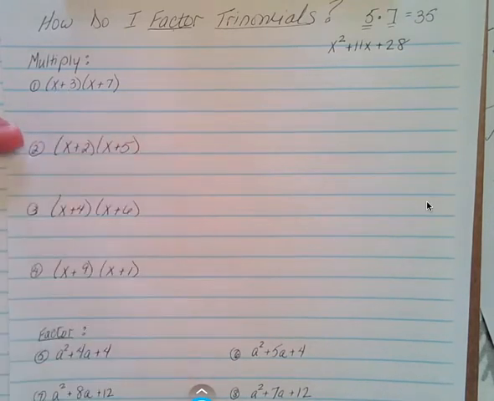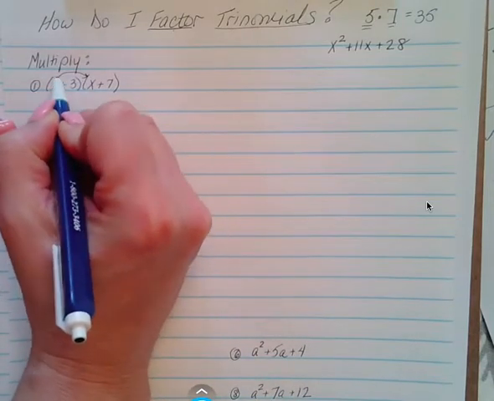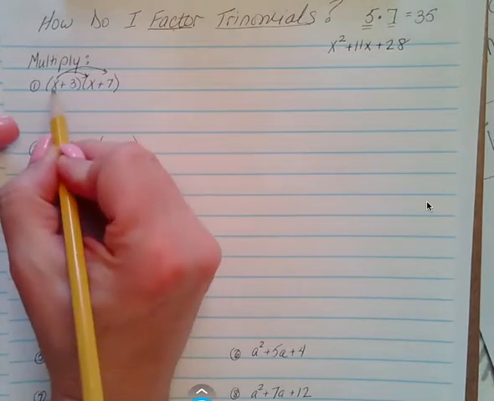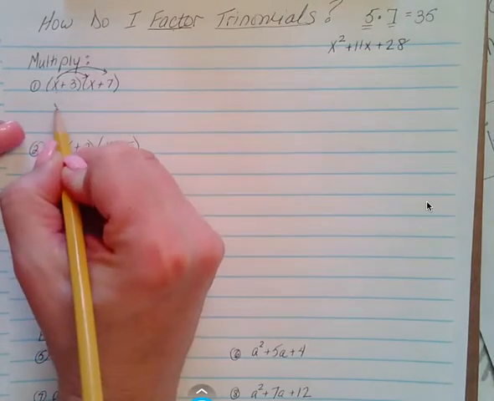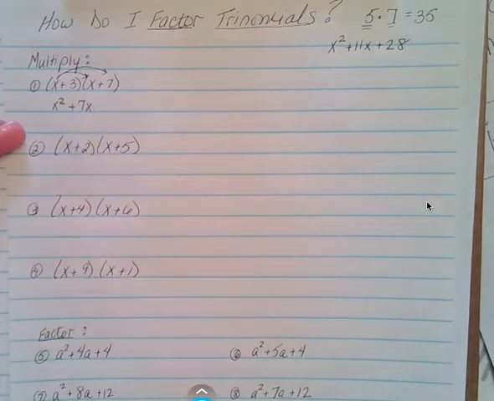Now whenever I multiply binomials, flashback to last week, let's see what we remember. It's double distributing. So I'm going to distribute, and I'm going to use a pencil in case I make a mistake, because that can happen. So x times x is x squared, and x times 7 is positive 7x.